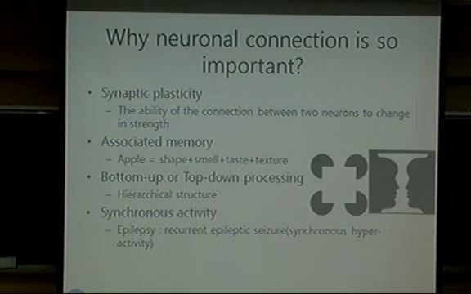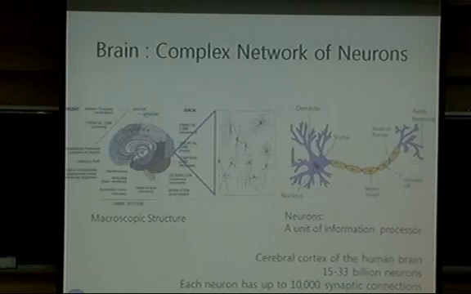Shape is processed in this area, the occipital lobe, which is the rear part of your brain. And when you imagine the smell, that is done here. And the texture is processed here, the motor sensory area, which means the neurons are apart, but they are associated in some way to imagine something.